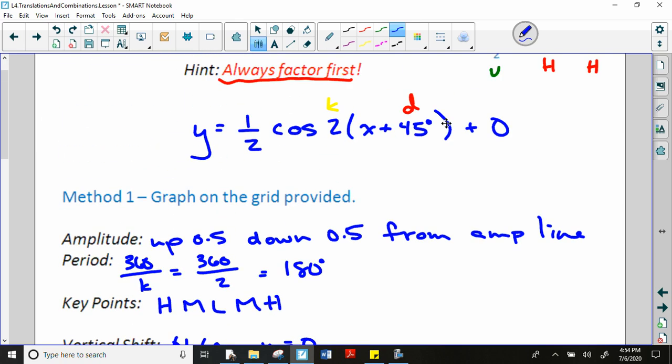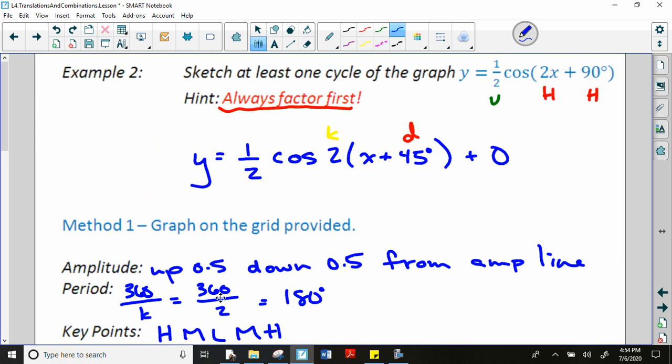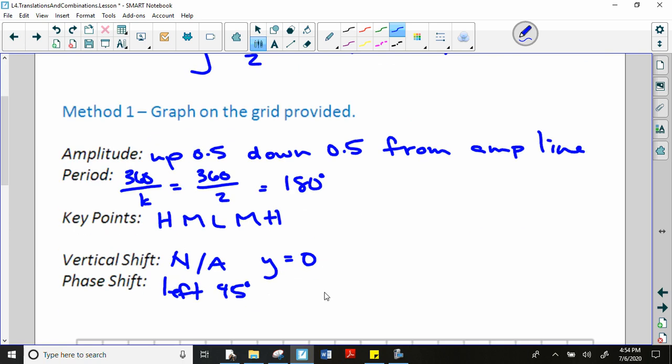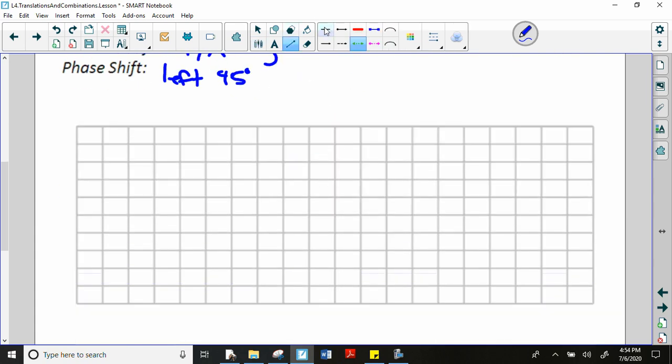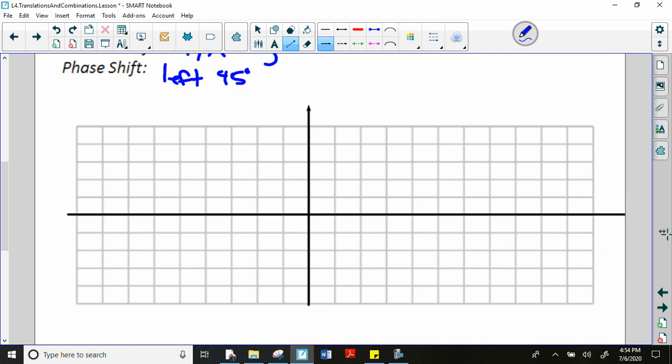All right, we are going to a period of 180. We have a phase shift of 45. All right, so when we're setting this up, you want to take into consideration that phase shift of 45, and it's to the left. So here is my grid.